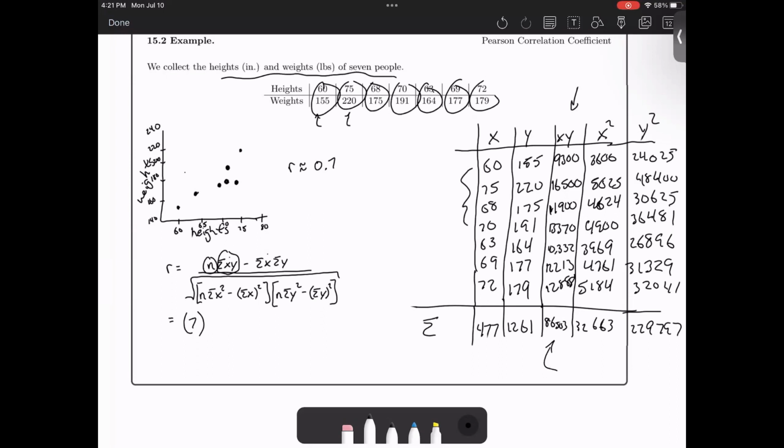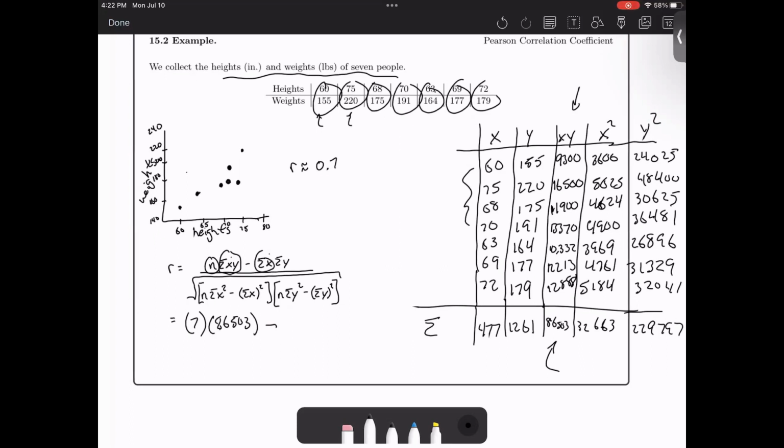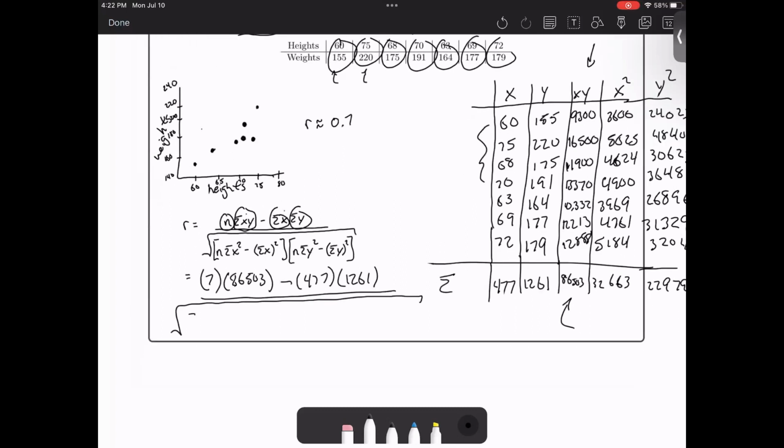The sums of the x times the y's, we can just read off as 86,503. We need to subtract the sums of the x's, 477, times the sums of the y's, 1261, and we divide by a square root with 2 factors.